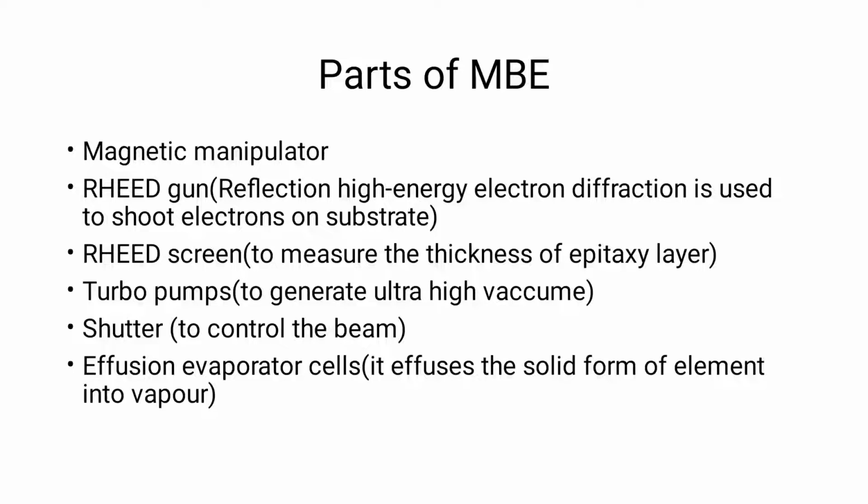Another is the turbo pumps, which generate the high vacuum. Another is the shutter, which controls the beams. And another is the effusion evaporator cell that effuses solid forms of elements into vapor.